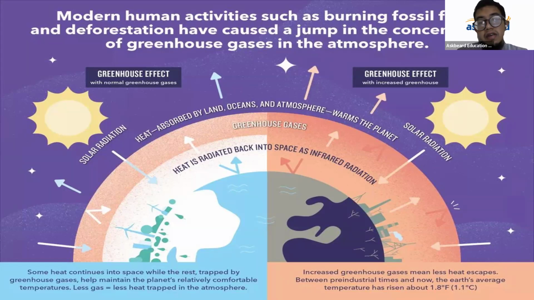And the greenhouse gases re-emit the infrared radiation, and it makes our Earth become warmer than before. So the function of GHG is to make our Earth warmer, but today the GHG emissions are too much. So the Earth's temperature becomes warmer because so many greenhouse gases absorb and then re-emit.